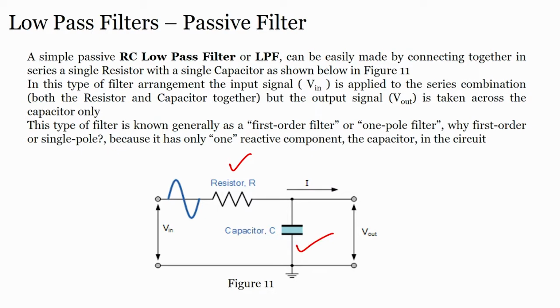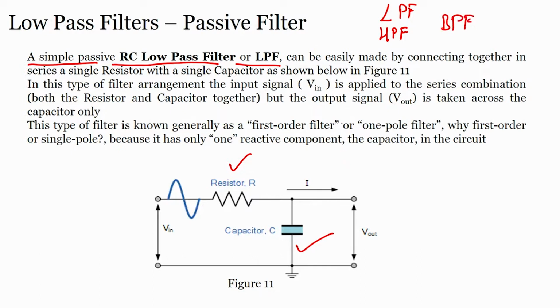So, a simple passive RC low pass filter, or people also write LPF. For low pass filter they write LPF, for high pass filter they write HPF, for band pass filter they write BPF, right.